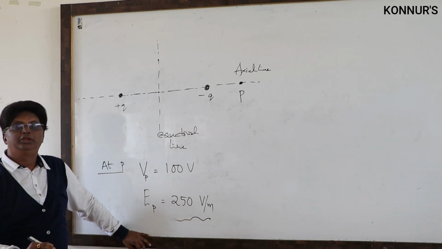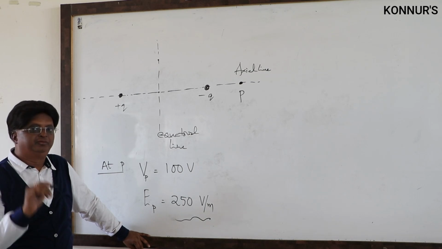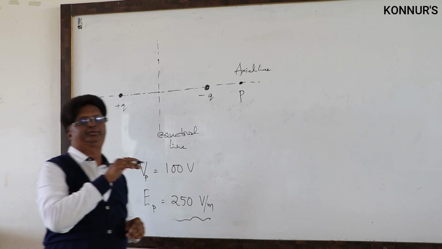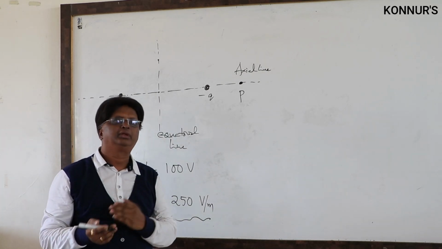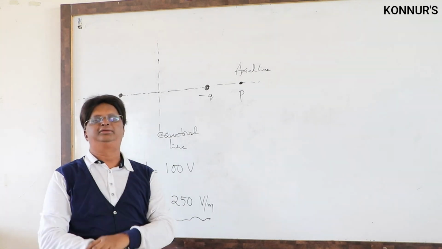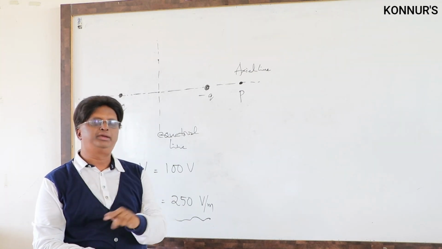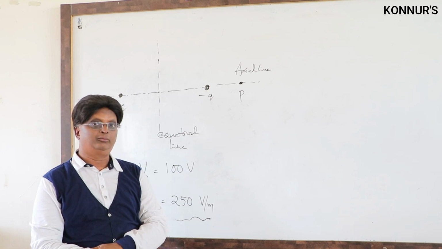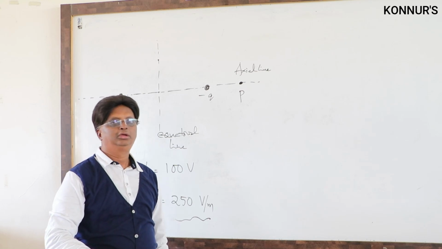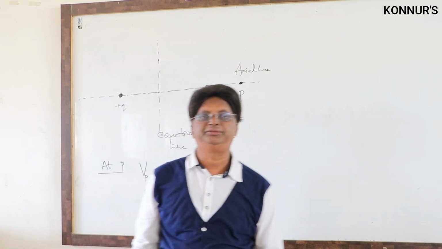This is the data. Now the question is asked like this: if the dipole is turned by 90 degrees, either clockwise or anti-clockwise, what will be the new intensity and what will be the new potential at the same point P? Right? Shall we do that?